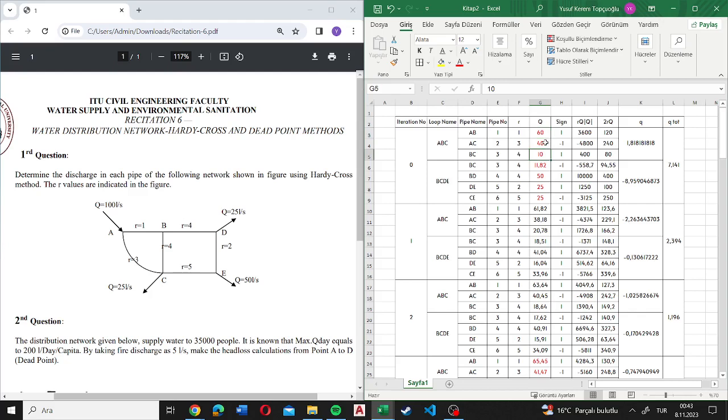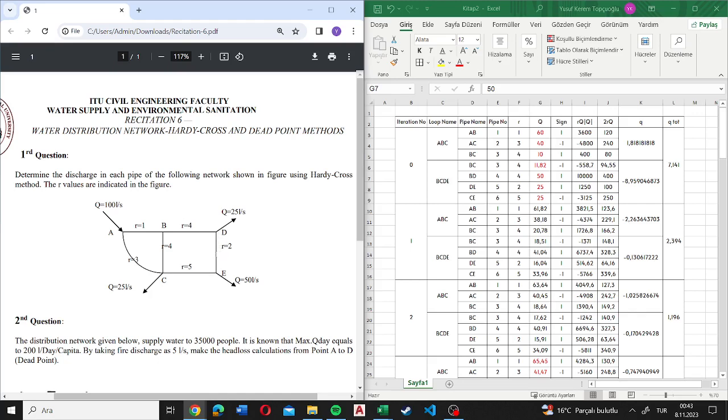Then 50 comes from here and 25 goes out to the system, so the DE pipe has a 25 liter per second discharge.